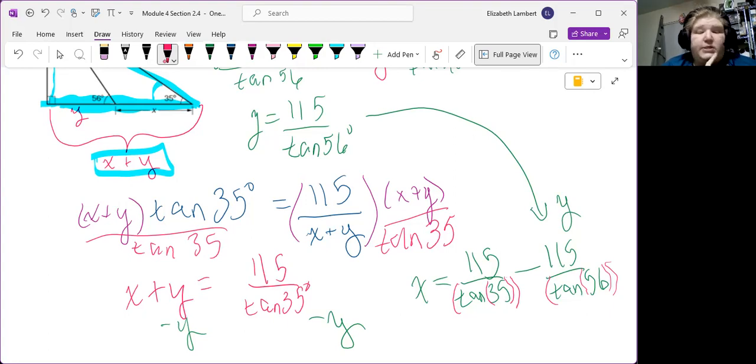All right, we are still in degrees. So 115 divided by, open parentheses, tangent, which opens a parenthesis, 35, close, minus 115 divided by, open parentheses, tangent, and it opened a parenthesis, 56, close, equals.